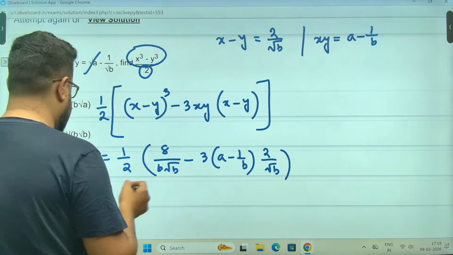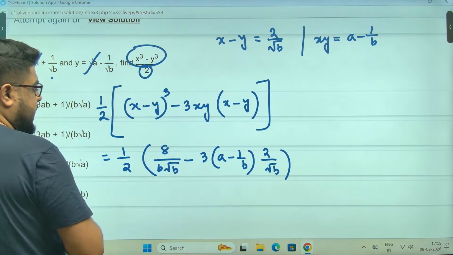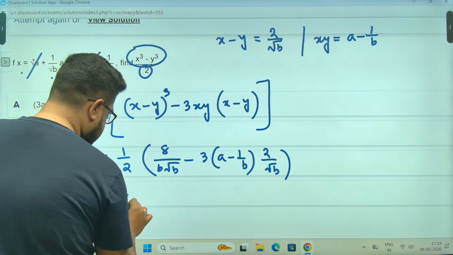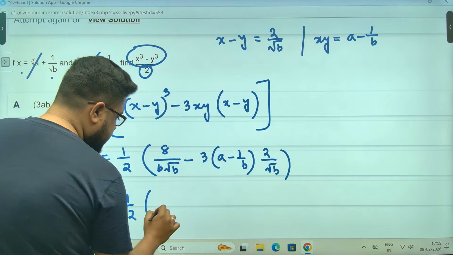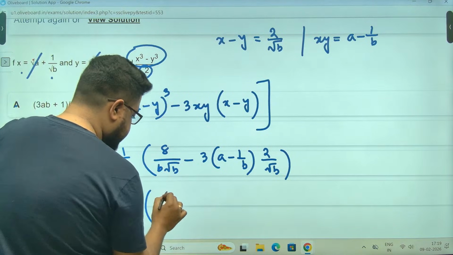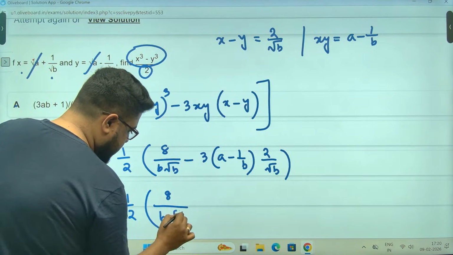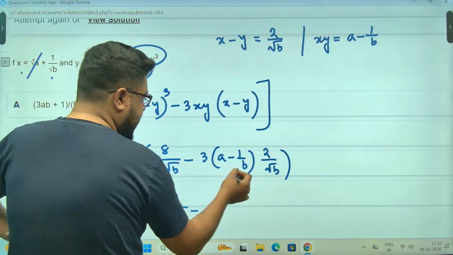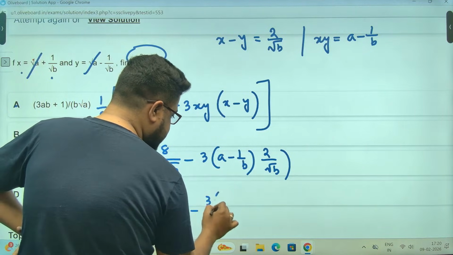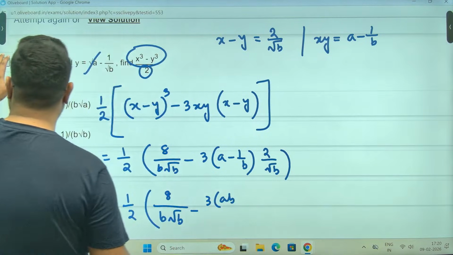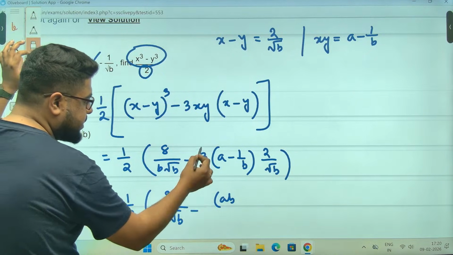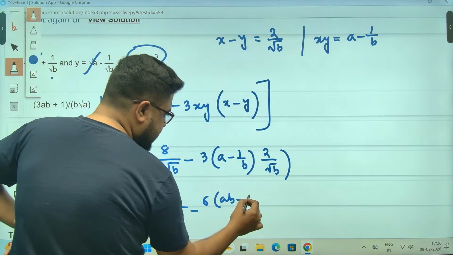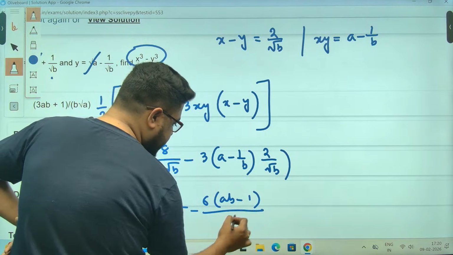Option may b is there, a is also there. Acha, let's see. Sir, 1 by 2 gone. 8 by b root b minus. Do the calculation here. 3 times AB minus 1, let's do 6 times directly because 3 into 2 will be 6, sir. Right? 6 times AB minus 1 divided by b root b.